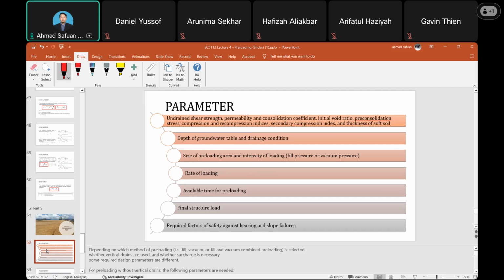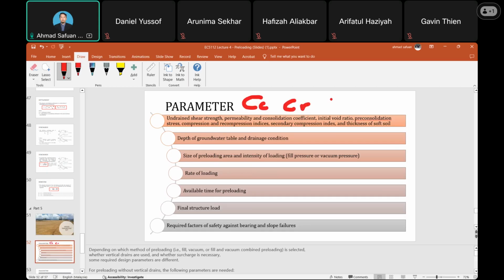If normally consolidated, then we use the Cc, the compressive coefficient. Initial void ratio, pre-consolidation pressure, compressibility, compression or recompression index, so this will be your Cc and Cr.